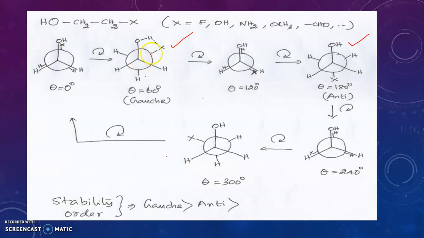Why? Because there will be an intramolecular hydrogen bonding between this hydrogen and this halogen. I told you in the factors influencing stability of conformations, intramolecular hydrogen bonding increases the stability of the molecule.